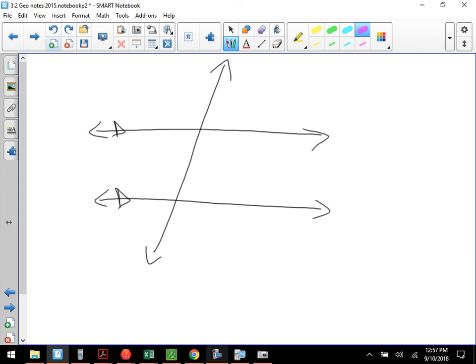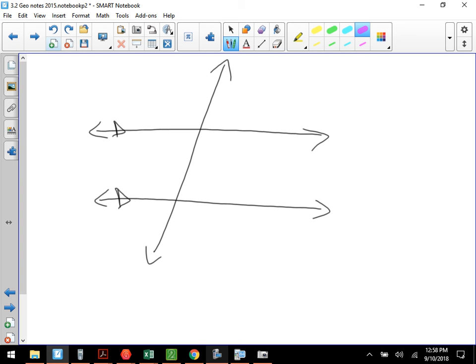Right there, I have two parallel lines that are cut by a transversal. And when I have that, I get 8 angles. Of those 8 angles, more often than not, you're only going to have 2 different measurements.